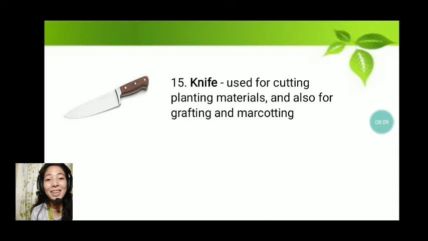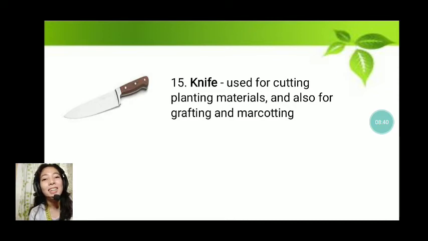This is also used in the garden. Yes, you can also use this knife. It is used for cutting planting materials and also for grafting and marketing. So again, for grafting and for marketing, you can use the branches from a mango tree.